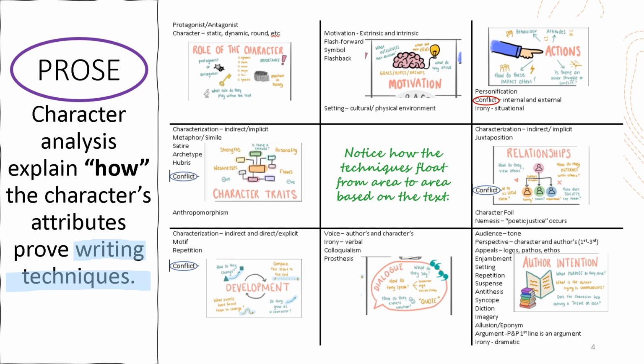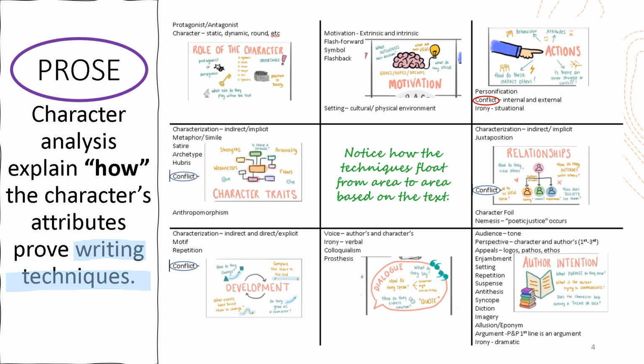You can also see how conflict can appear in multiple areas of the square within one book. This is because the guide is merely providing you with a visual map of details from the text to help support your prose argument.